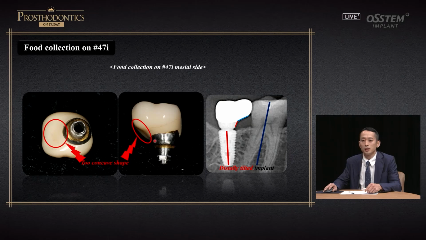If you make this convex, there's an even clearer undercut between abutment and prosthesis. And if there's food impaction here, it doesn't come off. I think the lab technician thought long and hard and made it concave. However, you can see food in the concave surface. The patient finds it uncomfortable.